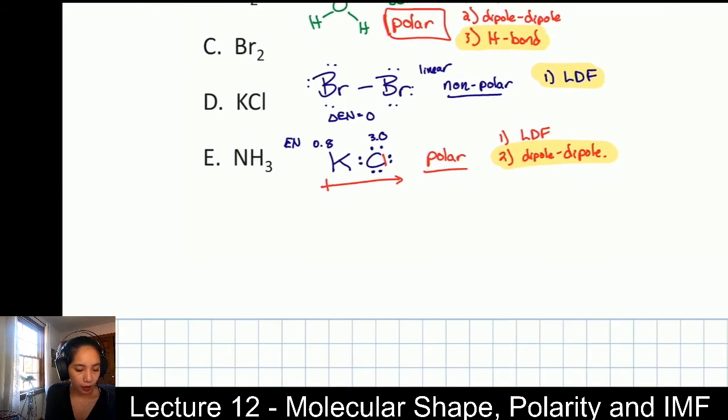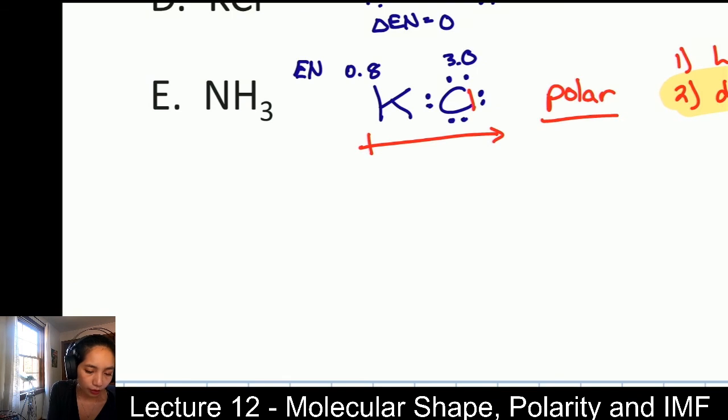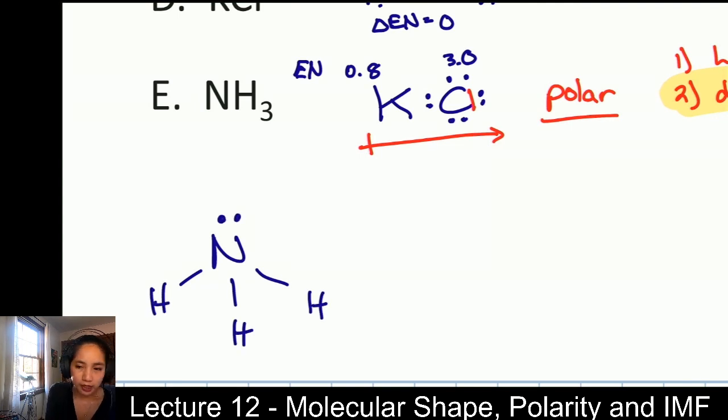So the last one is NH3. So I'll draw that Lewis structure, and it's a similar structure to our NCl3 example. So this is ammonia. Just like in our nitrogen trichloride example, this also has a trigonal pyramidal shape.